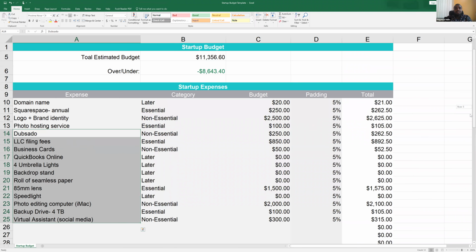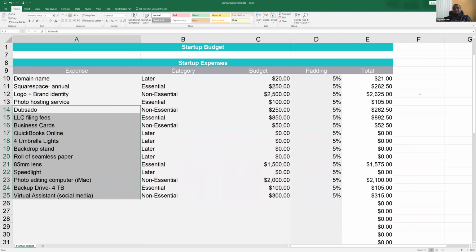So basically here you'll put your startup expenses, the expenses which you'll need to start your business. You'll need the office, you'll need the chairs, you'll need all those things. If you're starting a photography business, you'll need a camera, you'll need the lens, right?